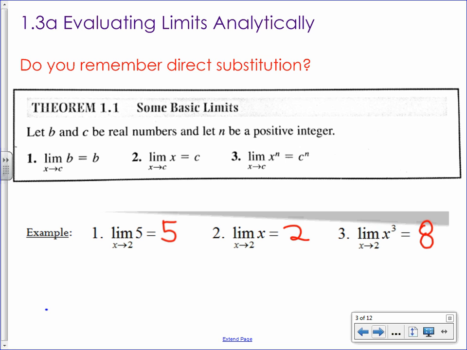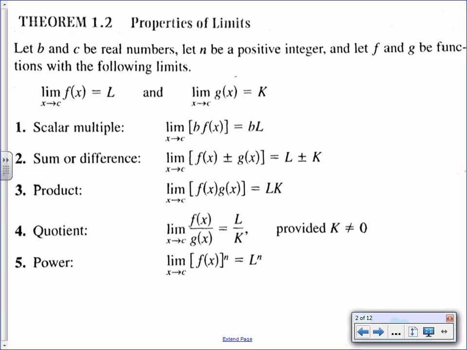All right. Here are some properties of limits. Okay. These are things that we can do with our limits. If I have two separate limits that I've evaluated, and I have a scalar multiple on my function, it's the same thing as evaluating the limit of f and multiplying by that scalar after.